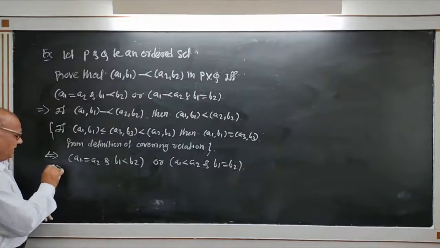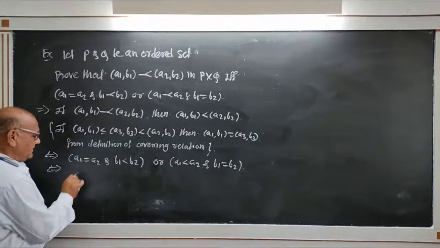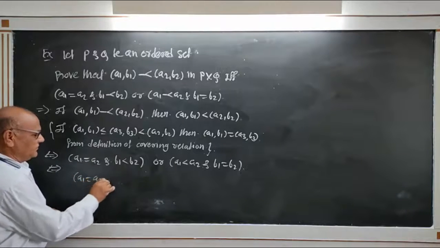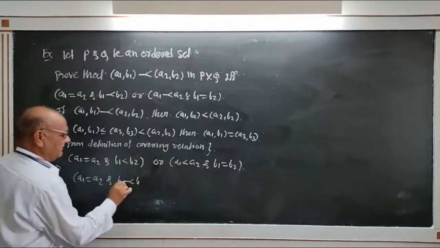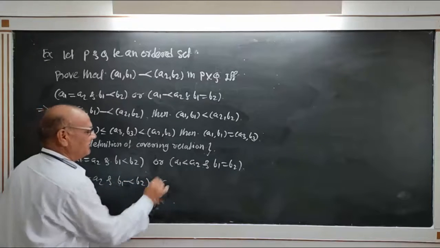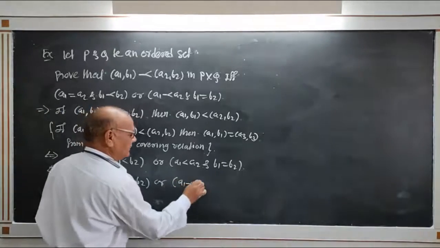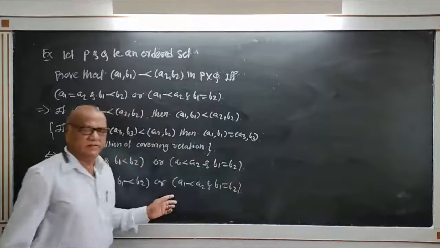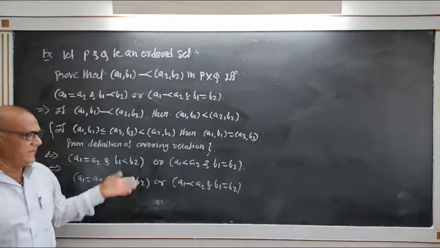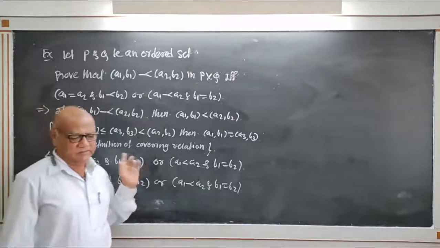This gives: if and only if A1 is equal to A2 and B1 is covered by B2, or A1 is covered by A2 and B1 is equal to B2. Directly from the definition we get this result.